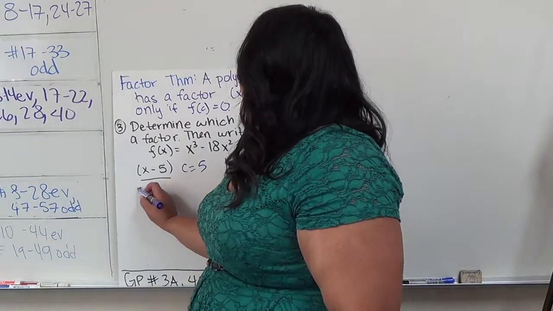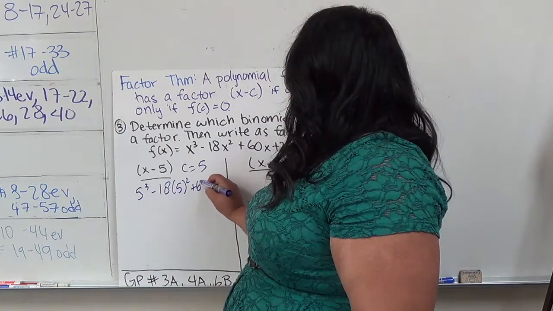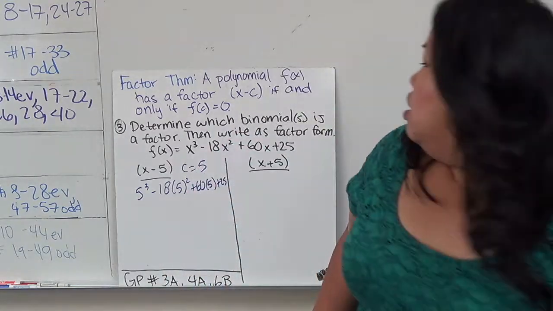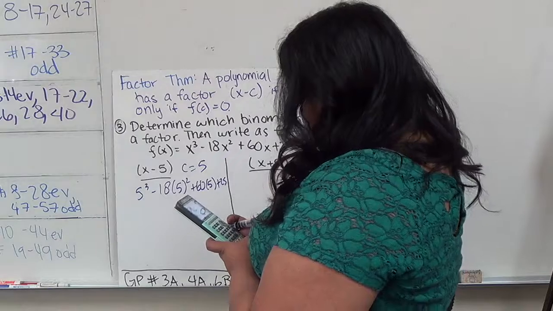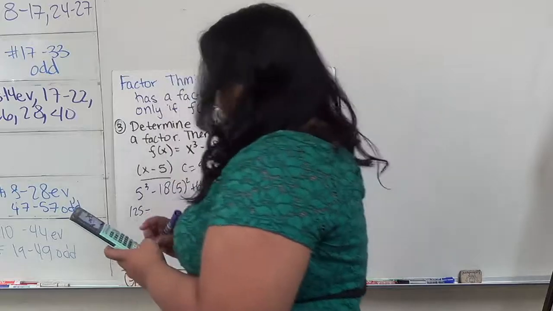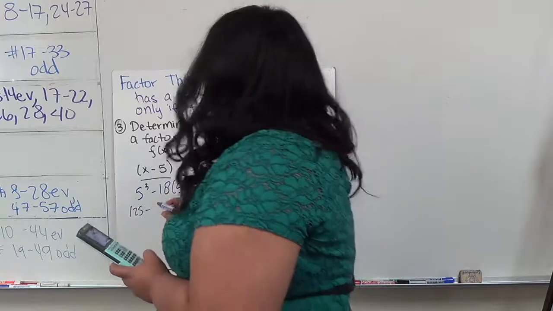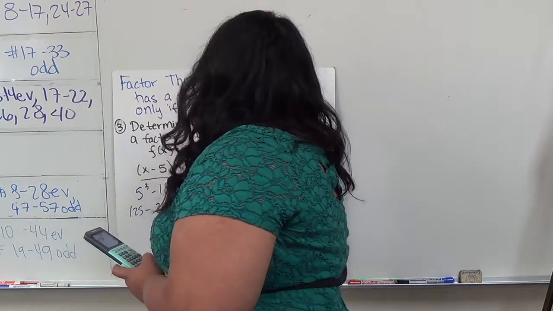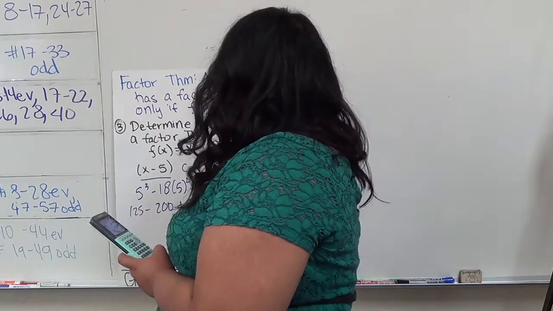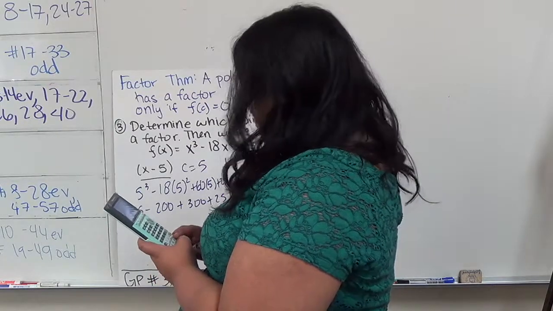And then I plug it in. 5 cubed minus 18 times 5 squared, plus 60 times 5 plus 25. 5 cubed is 125 minus 25 times 18, which would be 450, plus 60 times 5, which would be 300, plus 25.